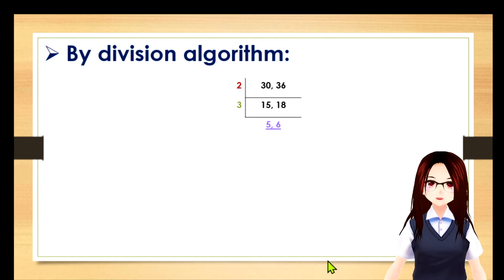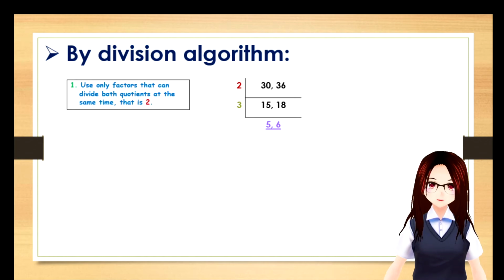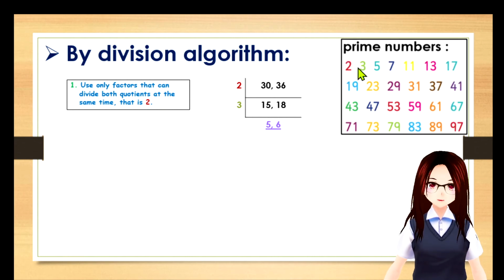Now let's try division algorithm. Okay? We start from step 1. Use only factors that can divide both quotients at the same time. That is 2. So we have our prime number guide. So 30 divided by 2 equals 15. 36 divided by 2 equals 18.